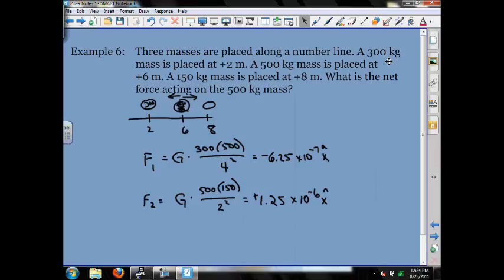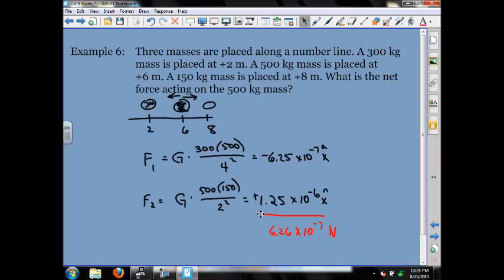So what would your answer look like then? First of all, what's the number part? Yeah, so 6.26, I think you said, times 10 to the negative 7 newtons. The negative sign indicates what? Is it negative? You're right. I think it should have come out positive. Make this one negative, that one positive.